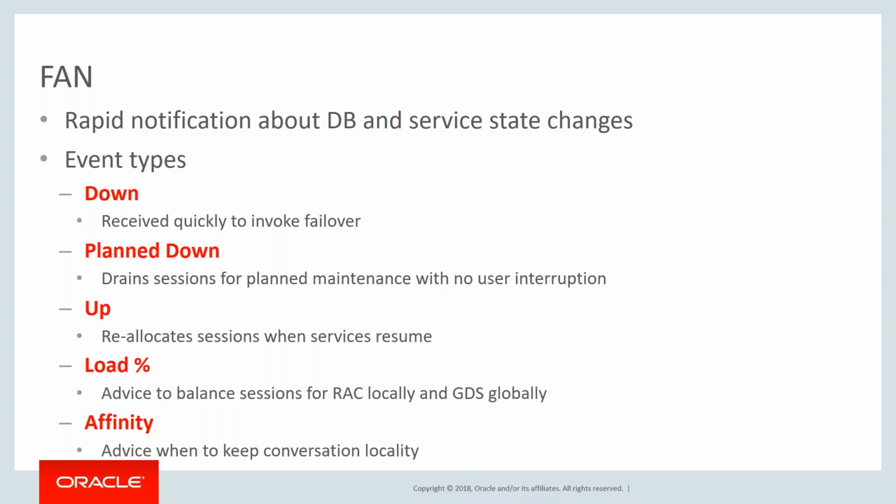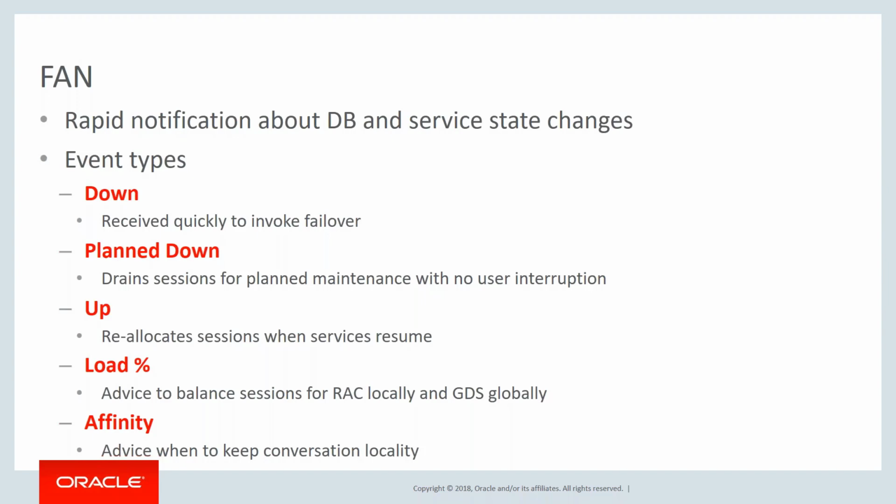If it's only, say, one RAC node, for example, ODP.NET will say, okay, I've been informed RAC node B has gone down, I need to clear out only connections for RAC node B, but keep the connections for all the other RAC nodes available, so that end users can continue using it. And then when I allocate new connections, I will just allocate new connections to any other RAC node that's still up and not to RAC node B anymore. So that's the type of intelligence we can do based on this.